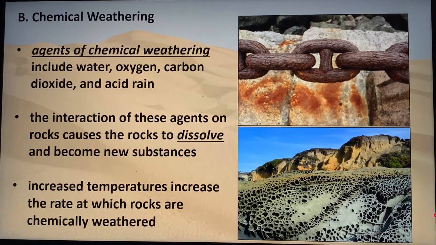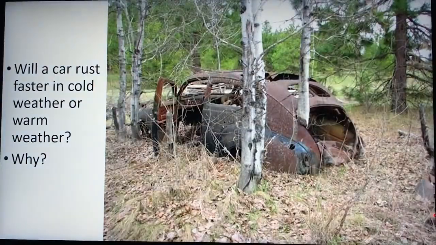But one thing about all of this chemical weathering is that when the temperature goes up, the rate at which these rocks are chemically weathered increases as well, okay? So you can have the same exact substance in a cold region like Canada and then Florida, and it will happen faster in Florida because the temperature overall for a long period of time is warmer.